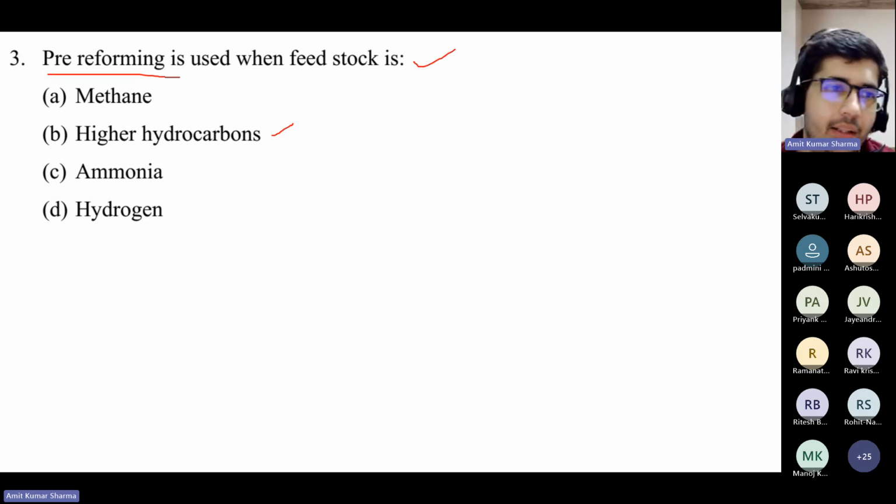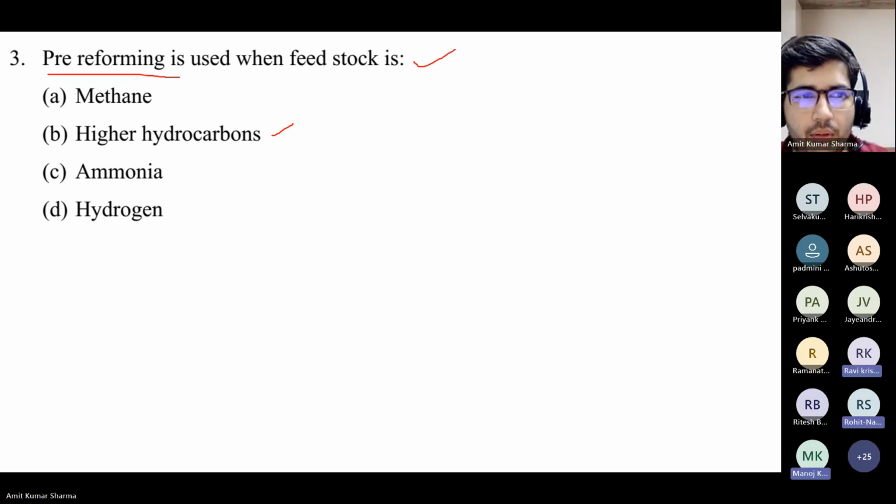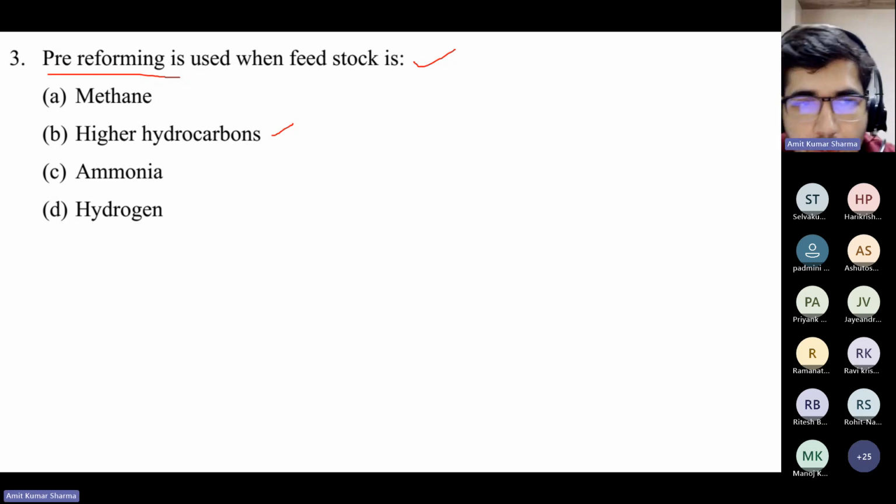Suppose we have a reactor and we can do all the reactions in one reactor only. Then what will be the issue if we use higher hydrocarbons directly in a steam methane reforming reactor? Carbon deposition on the catalyst will be higher, and then the catalyst will be deactivated.